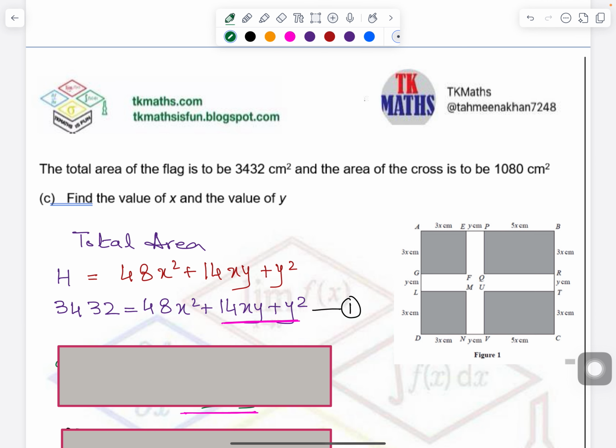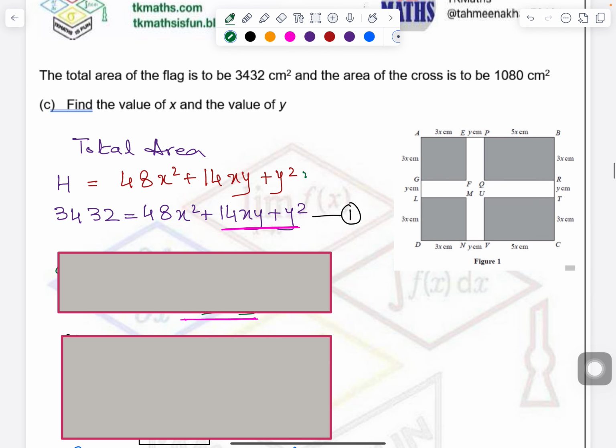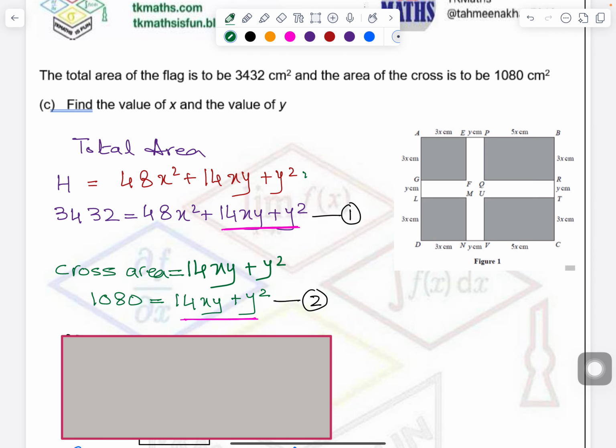Now when you're solving it simultaneously, let me tell you the common mistake. Students usually immediately start making one variable the subject. Always look at the equation closely. Do you notice that in both the equations, this is the area equation and this is the cross-section equation, right?